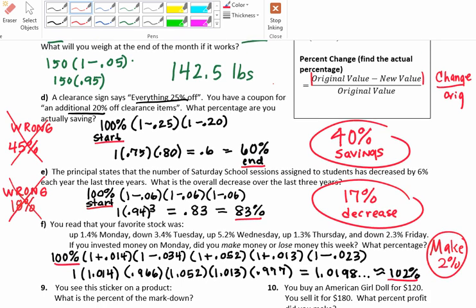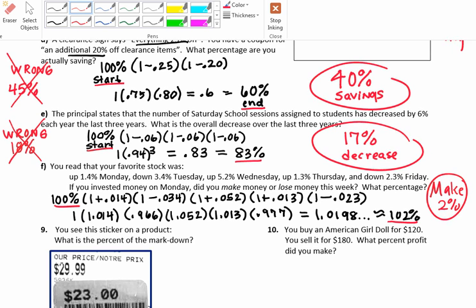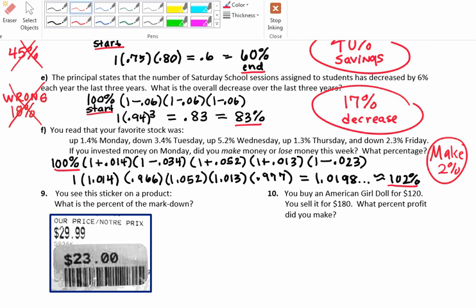Okay? All right, so you see this sticker on a product, and it says, what is the percent of markdown? So the original price is $29.99, and our new price is $23. So I'm going to find the difference, $29.99 minus 23. Okay. The difference is $6.99.